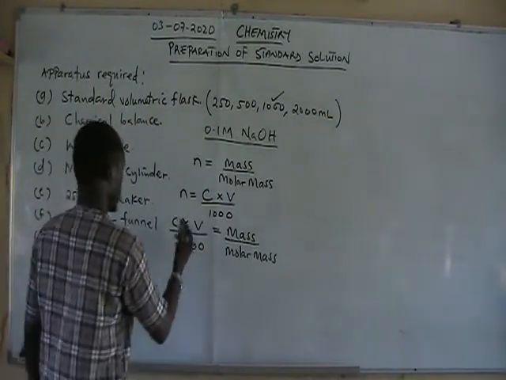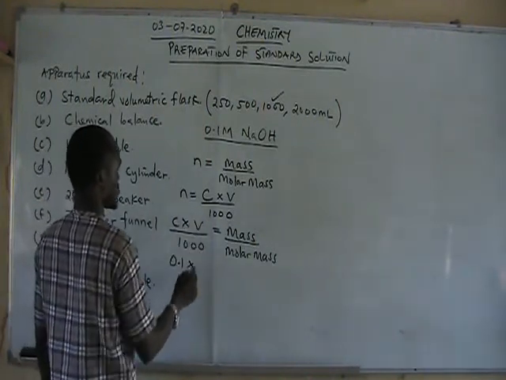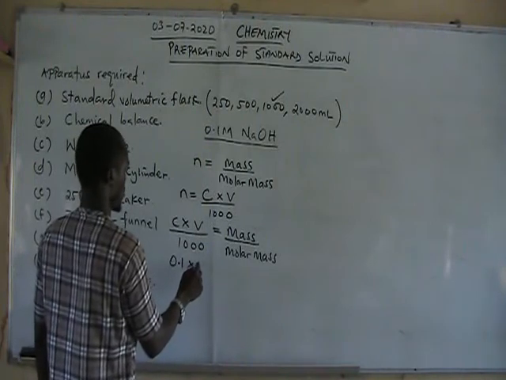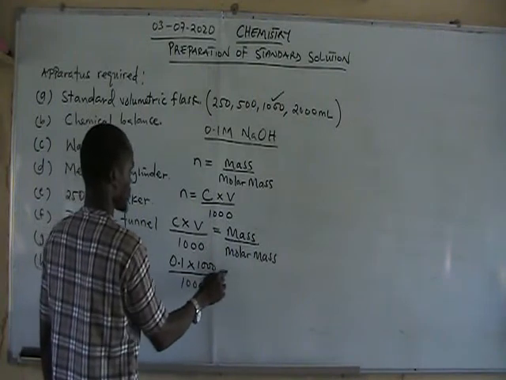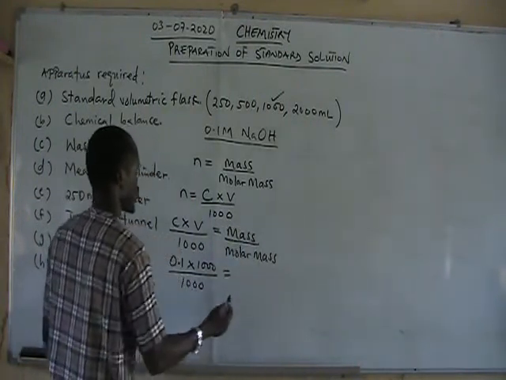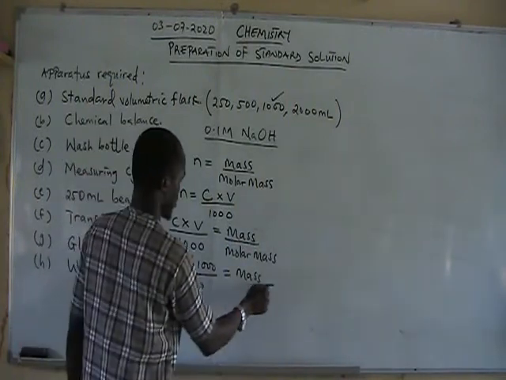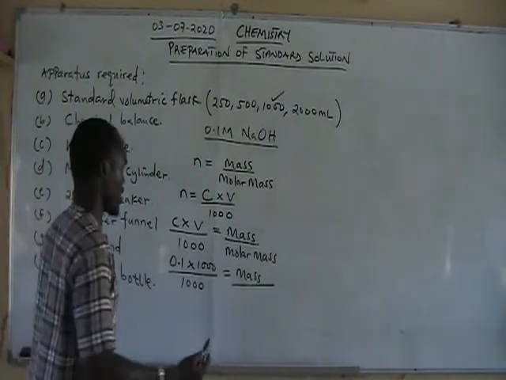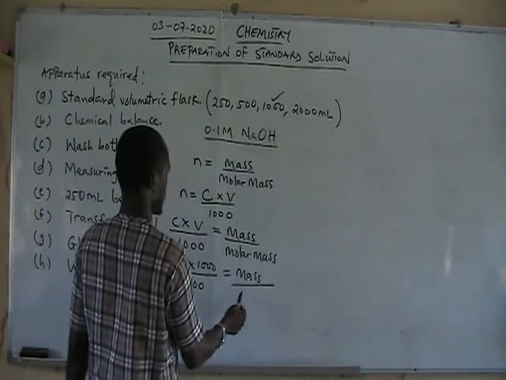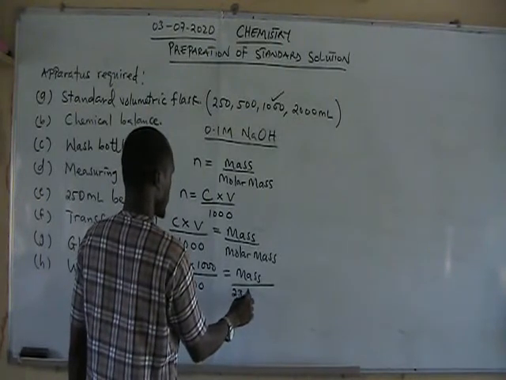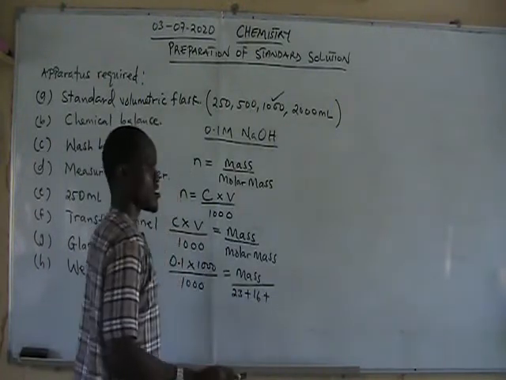So what do you do? You put the concentration into the formula, 0.1 times the volume of solution, which is 1000, divided by 1000, which equals the mass, which is my unknown. I need to calculate it so that I can use the chemical balance to weigh. The molar mass of sodium hydroxide, if you calculate, sodium is 23 plus oxygen is 16, then hydrogen is 1.